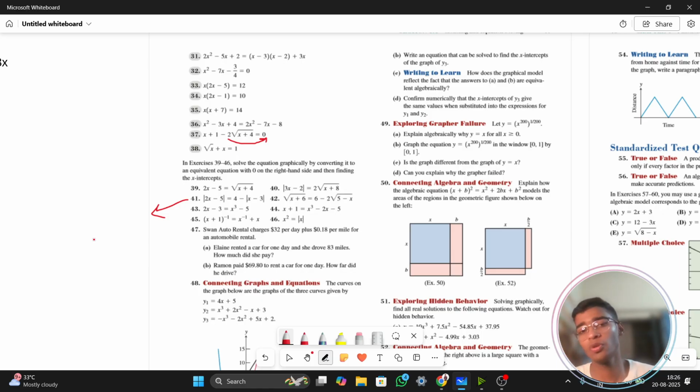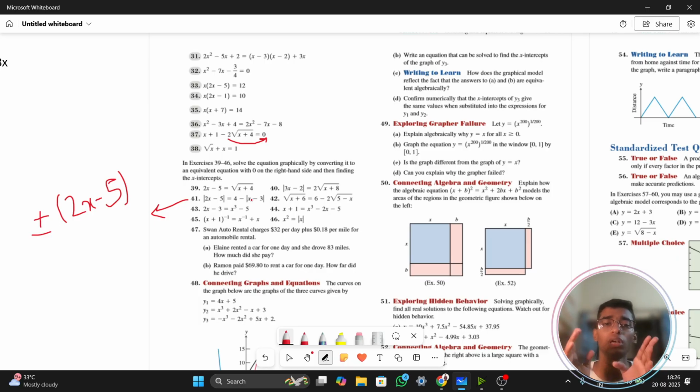So this is again what you know. Whenever you are removing this modulus sign around 2x minus 5, you need to take into consideration plus minus. So it would be plus minus 2x minus 5, because this is what you will be getting if you're removing this. And again, if you will be removing it from the side of x minus 3, you'll be getting plus minus. So you need to solve it in four cases.